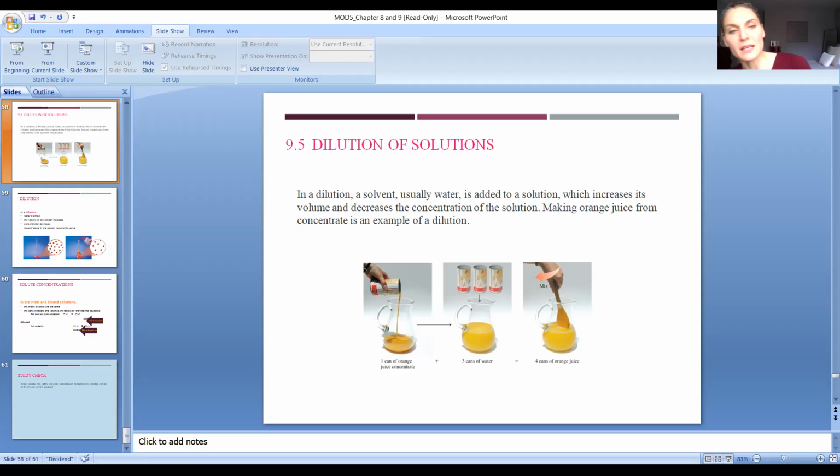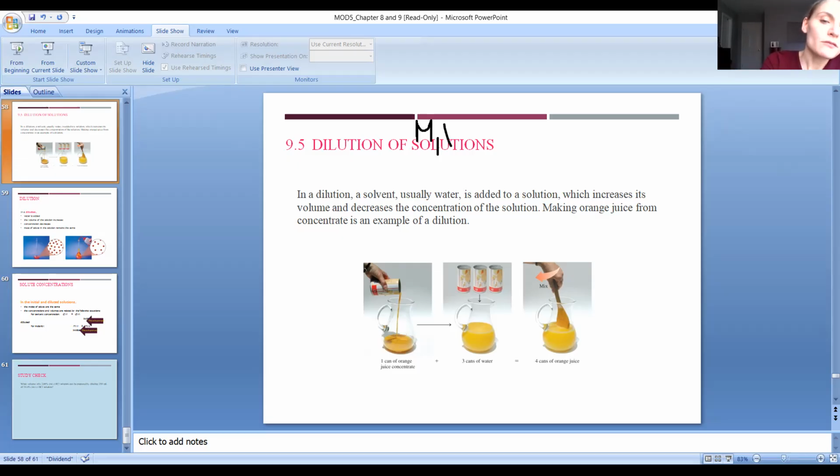When we discuss this, we utilize M1V1 equals M2V2. They talk about it as the concentration, but we discuss it as the molar concentration.